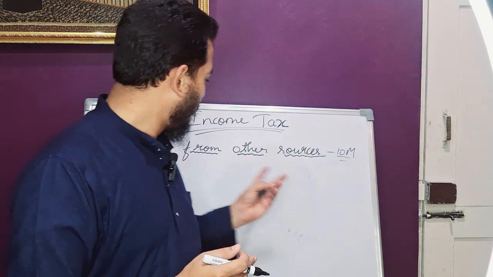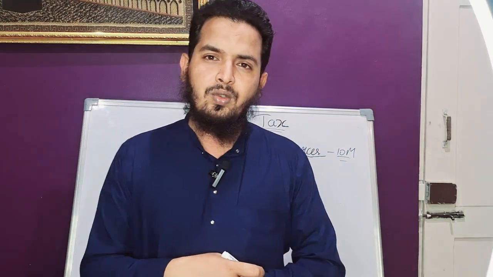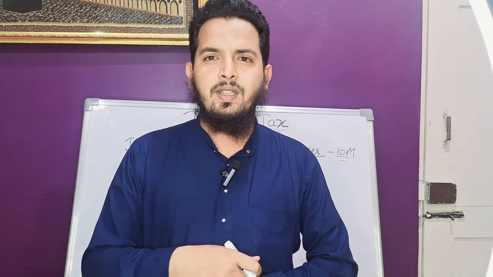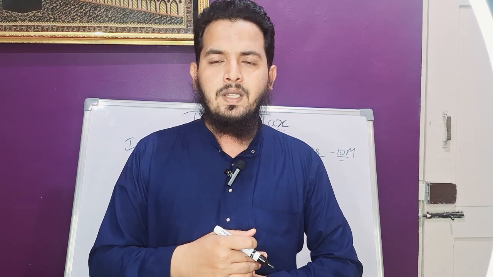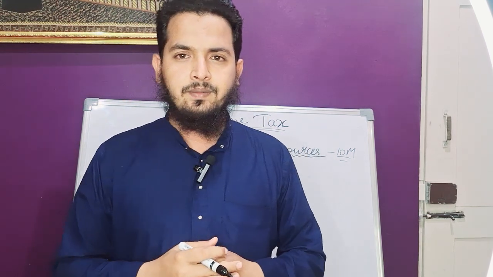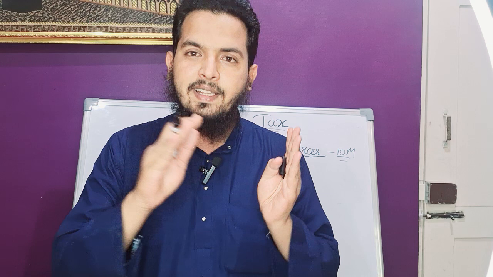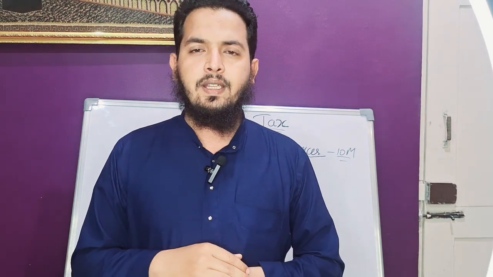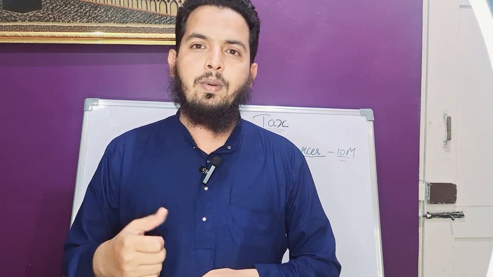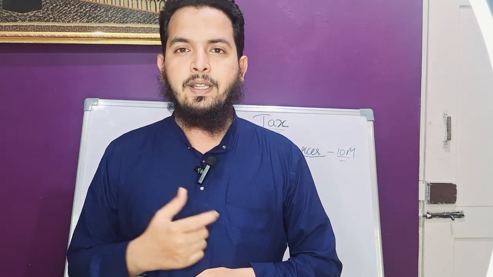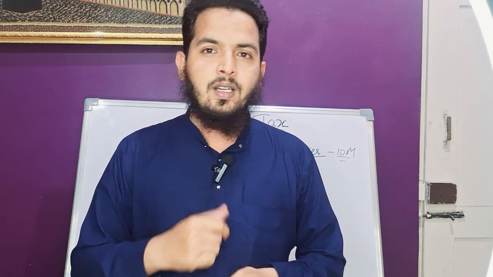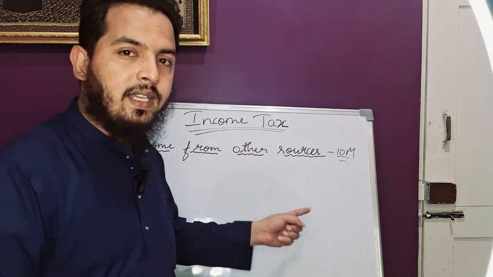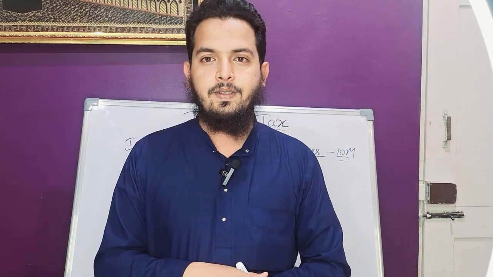So friends, what is this income from other sources in income tax? See, very simple meaning: the income which does not come under the 4 heads of income, that is income from salary, house property, business and profession, capital gain, that income you are going to treat under the head income from other sources.